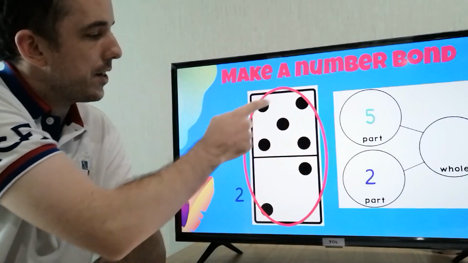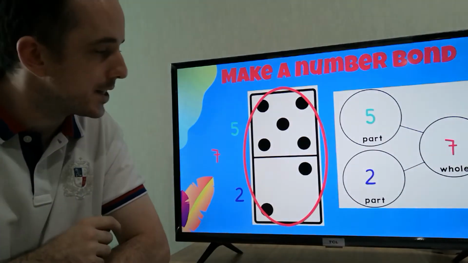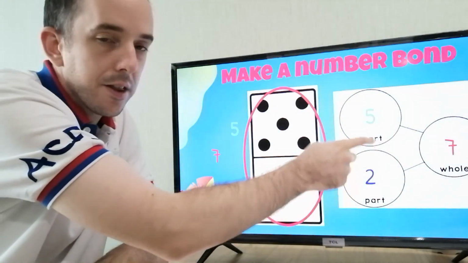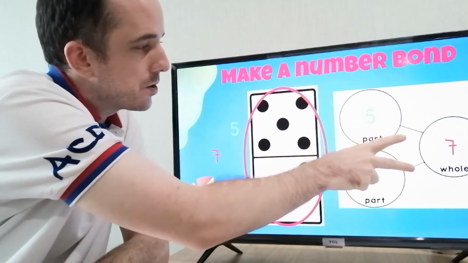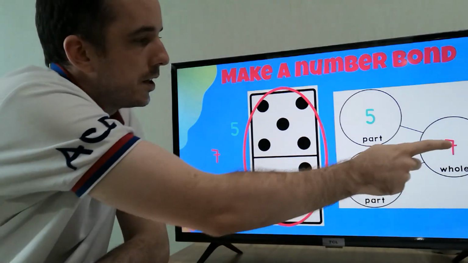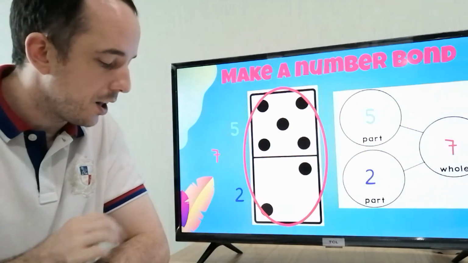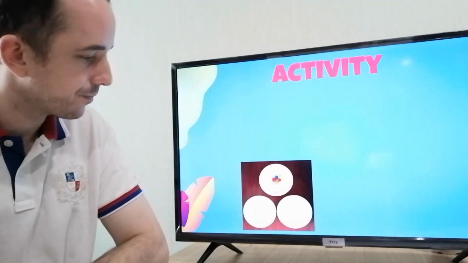So all together, I should have 7. So this is another number bond. The 2 smaller circles go together to give me this number. 5 and 2 equal 7. 5 plus 2, 5 and 2 together. Lots of ways to say it.